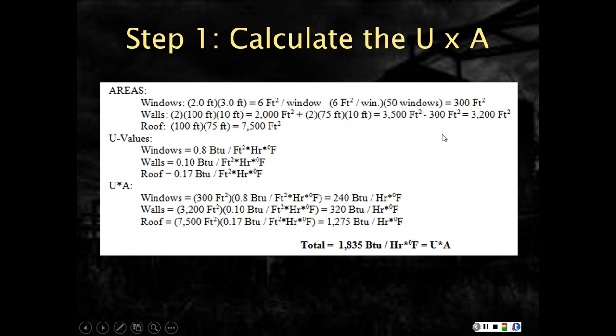When they get to the walls, they leave the walls in the gross and not the net. In other words, subtract the windows out. And then finally, the roof. Calculate the U values for the 3 components. Then finally, multiply the area times the U value. It'll give you a BTUs per hour per degree Fahrenheit. These can be added together because they have the same units.